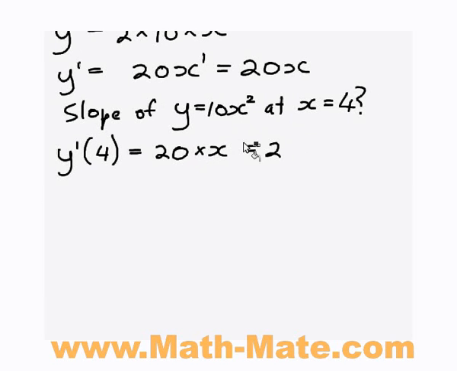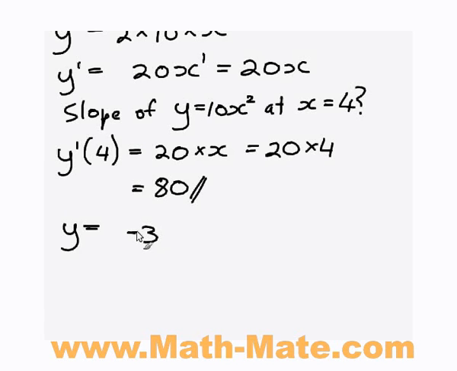Now I'm just rubbing out the power of 1 because we don't really need to indicate it. 20 times 4, and 20 times 4 is 80. So the slope of our graph is going to be 80 at x equals 4. So that's one of the many uses you can use derivatives for.